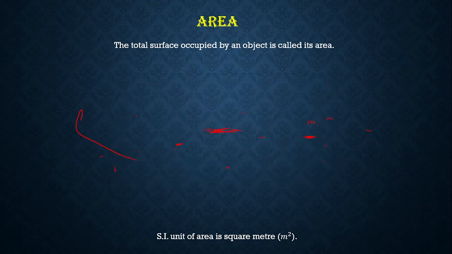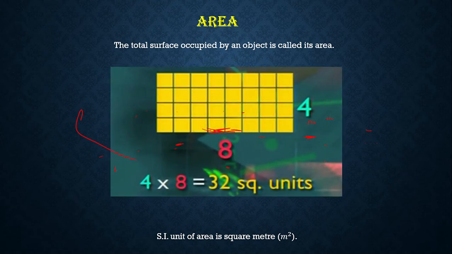A few examples just to see. If you have length 8, so 8 anything, centimeter or meter, and if you have 4, say centimeter, and 8 centimeter, in that case 8 4s are 32. So your answer would be 32 square centimeter, since the values over here are in centimeter.